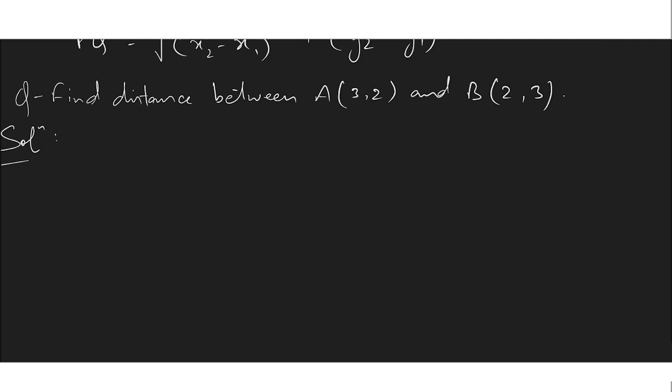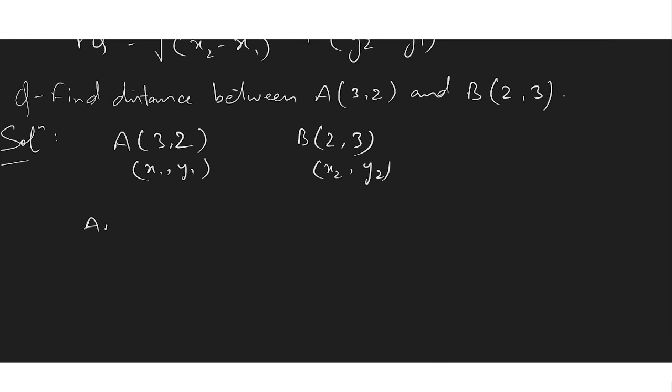Pause the video, solve the equation and then resume the video to see the answer. I'm going to solve it here. A is 3, 2. B is 2, 3. This is x1, this is y1, this is x2, this is y2.